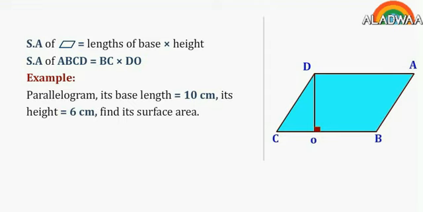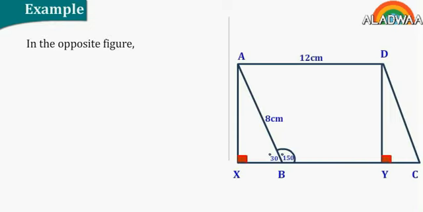Example. In the opposite figure, ABCD is a parallelogram. AB equals 8 cm. AD equals 12 cm.